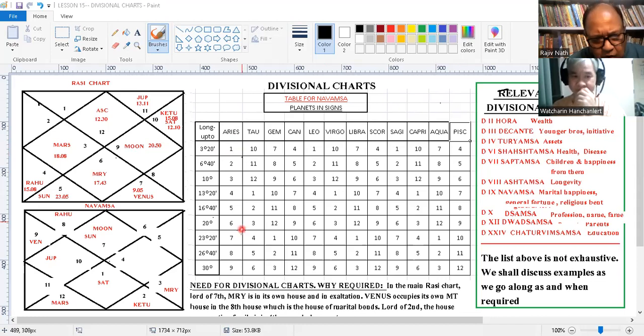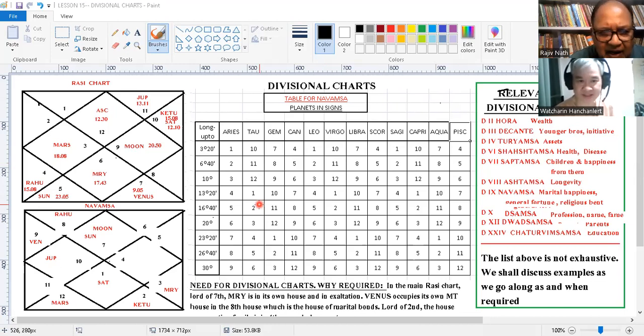Then this goes on in a sequence: 1, 2, 3, up to 12, and then again 1, 2, 3 and so on. You don't need to pay too much attention to how to make it; you just need to understand how it is made. If somebody asks you what a divisional chart is, you should be able to explain it to him.